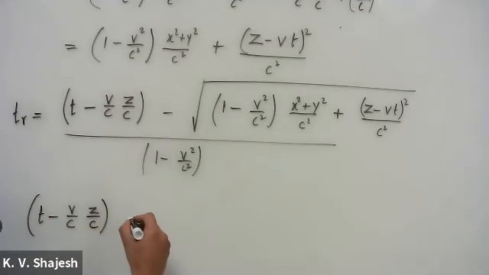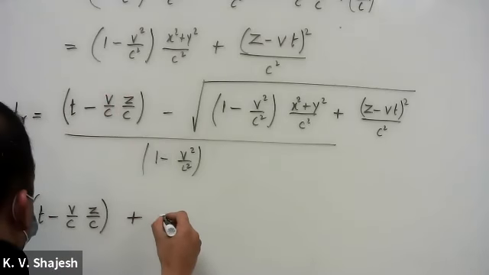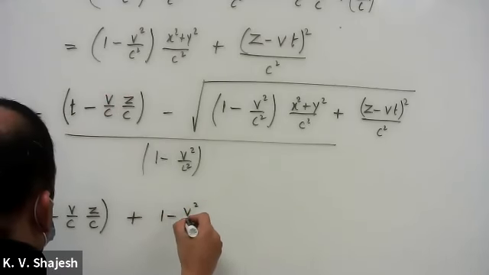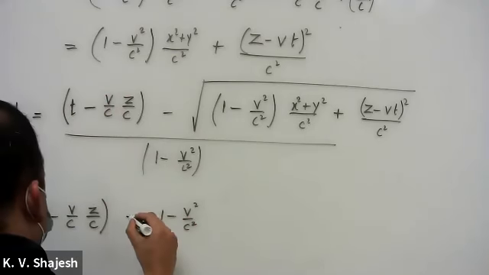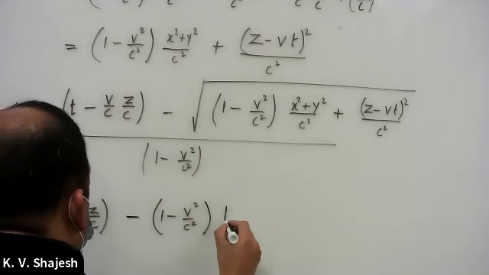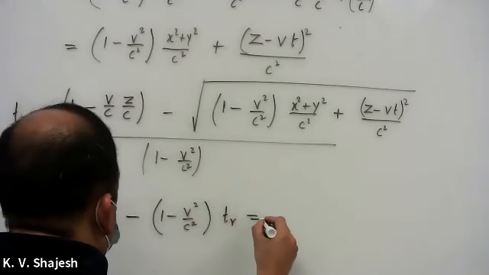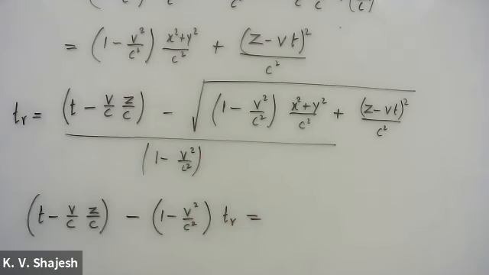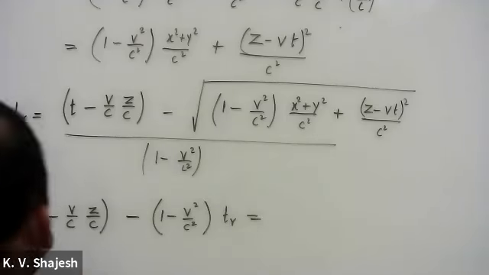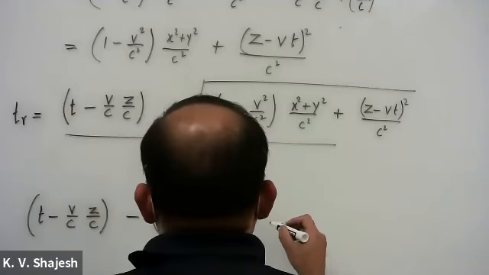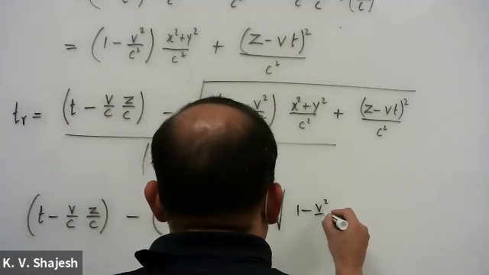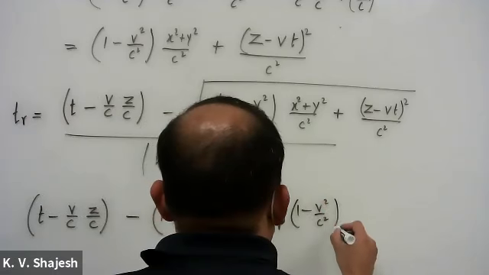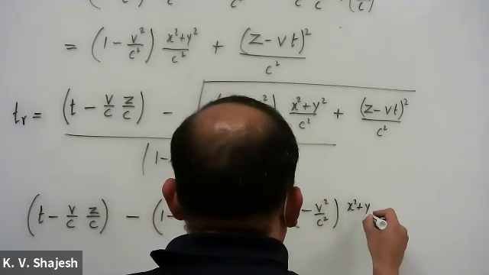There's an identity we get, plus 1 minus v squared, sorry, minus, right? So I want to take it on the other side, times the retarded time. So this R, even though we labeled it as the root of that, serves to write this as a retarded time. So that's equal to 1 minus v squared over c squared, x squared plus y squared.